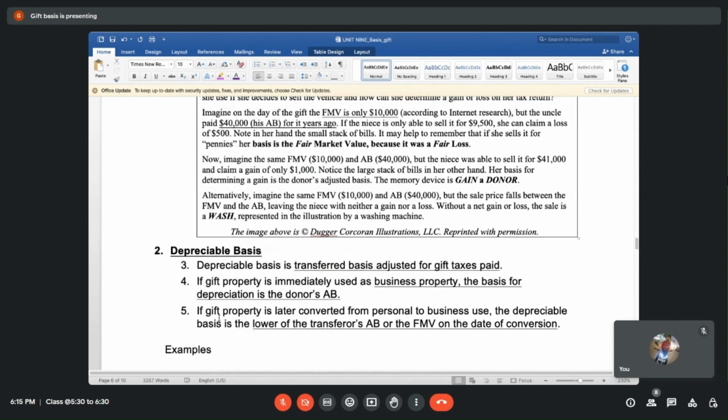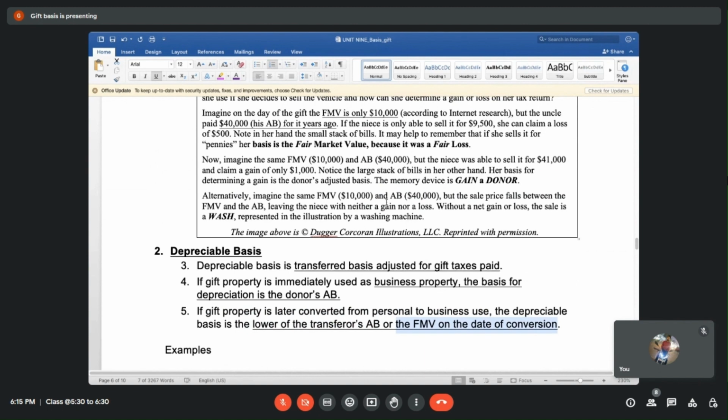But if the gifted property is later converted from personal to business use, maybe after 2 years she opens up a business and says, well, I have this car, I can convert it to business use. Then the depreciable basis is the lower of the donor's adjusted basis or the FMV on the date of conversion, not on the date of gift.